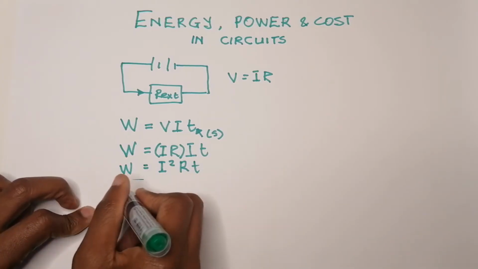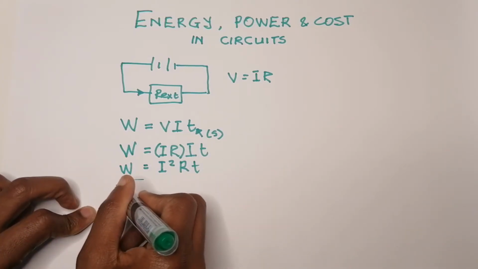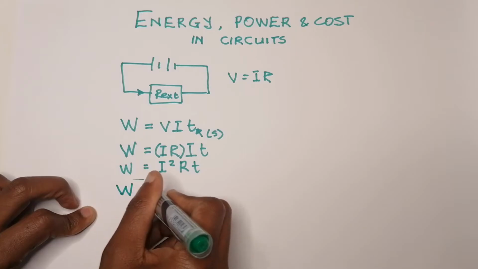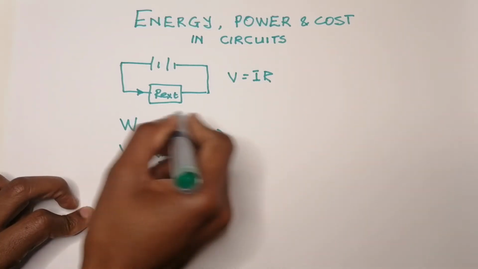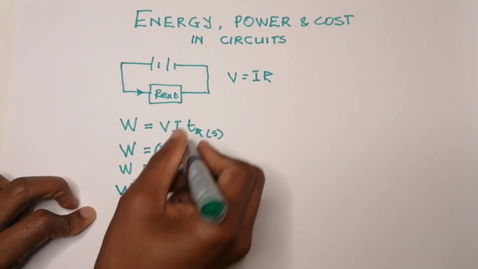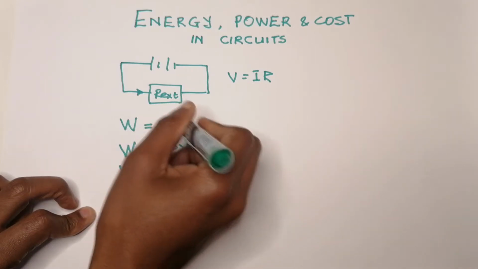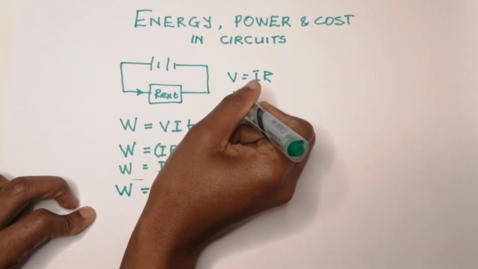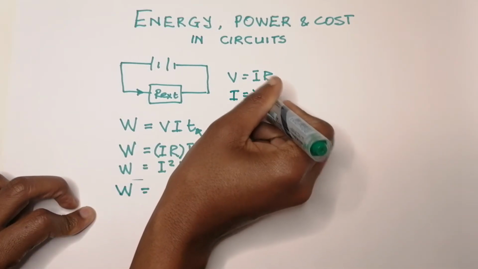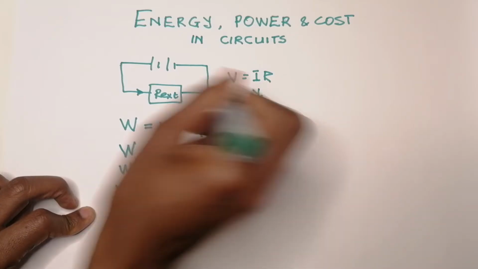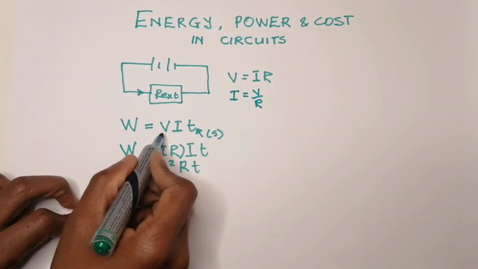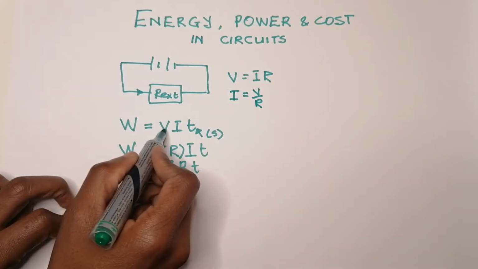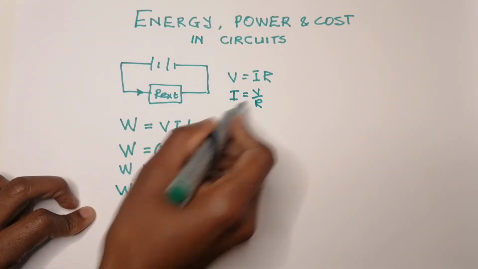So to take the last one, from the same equation, we know that current is V over R. So instead of substituting for voltage, let me substitute for current.